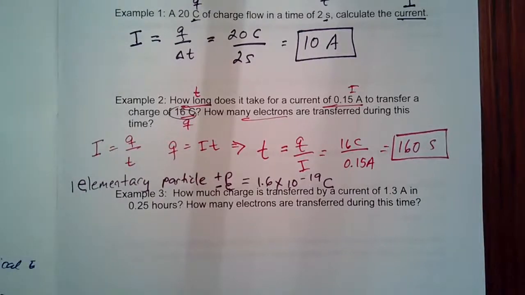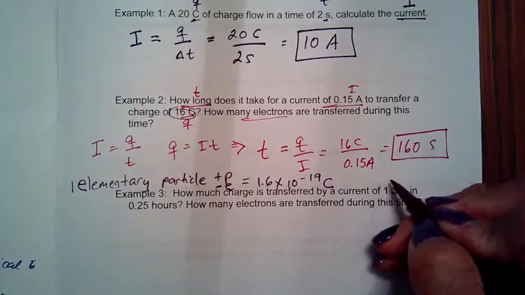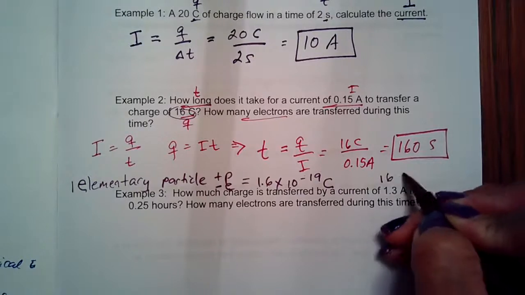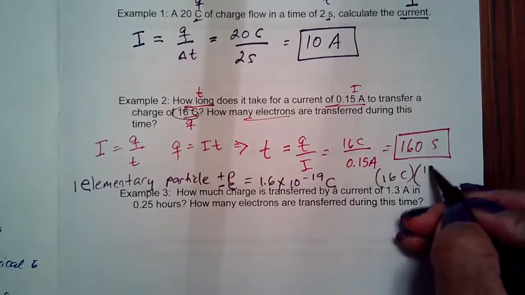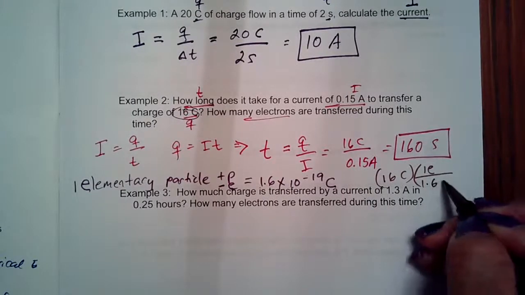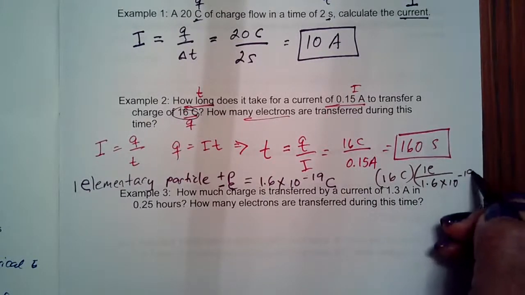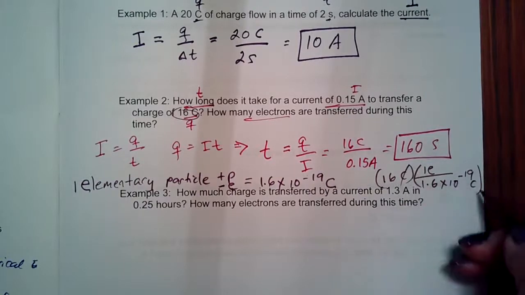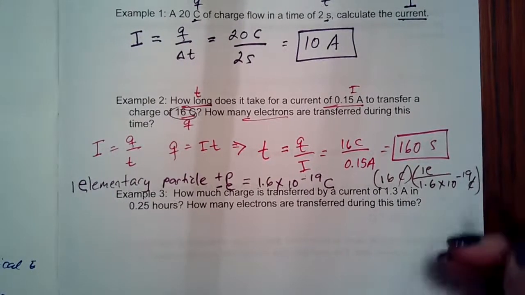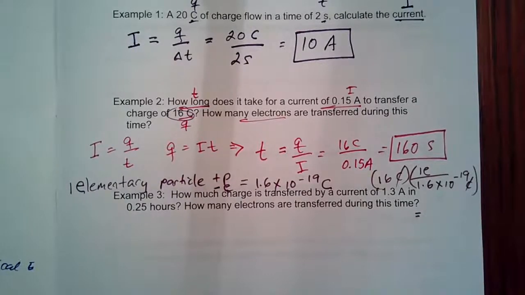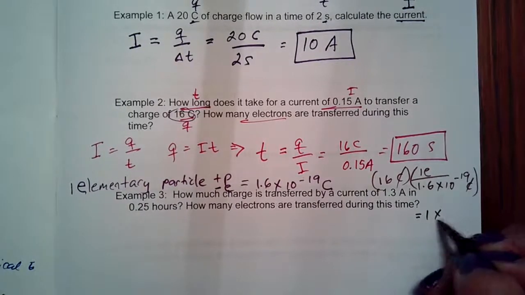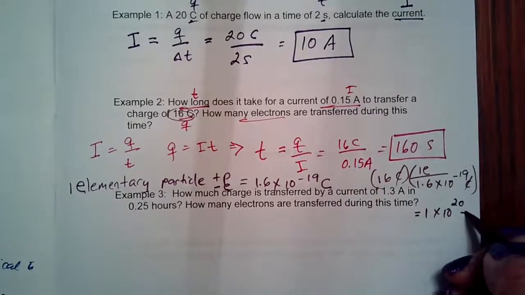We start with the charge we have, 16 coulombs, and I need to get rid of the unit coulombs. So I'm going to put 1 electron as a charge of 1.6 times 10 to the negative 19 coulombs. As you can see, the units cancel each other, and that gives you 1 times 10 to the 20th electrons.